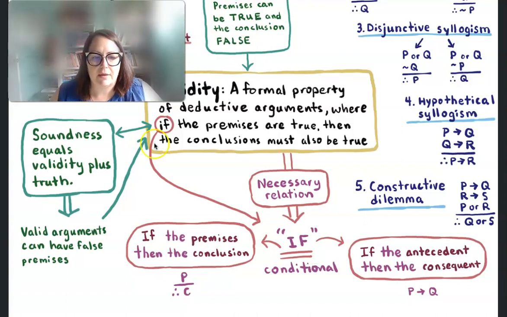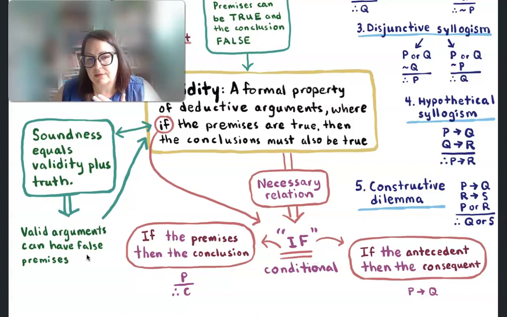So what we look at is the fact that valid arguments can have false premises. Why? Because validity is defined as if the premises are true, the conclusion must also be true. So that allows for the premises to be false.